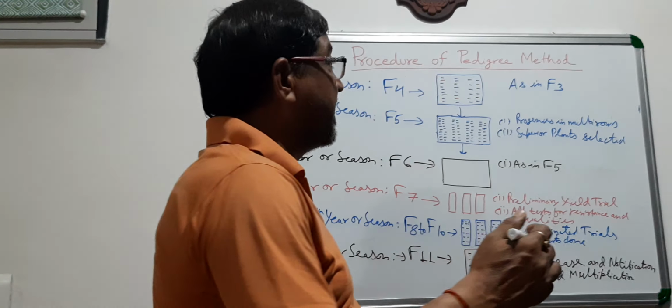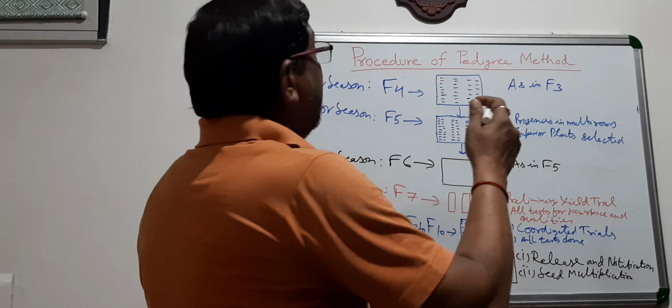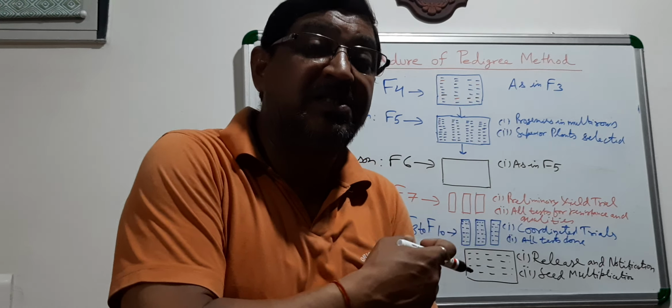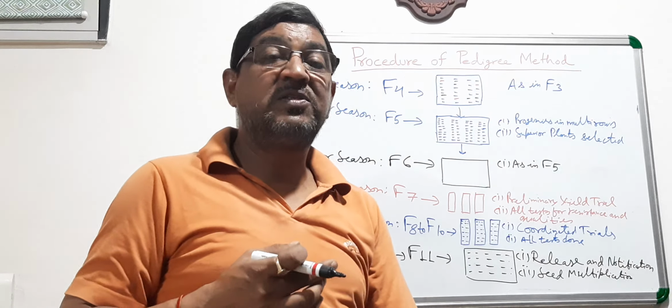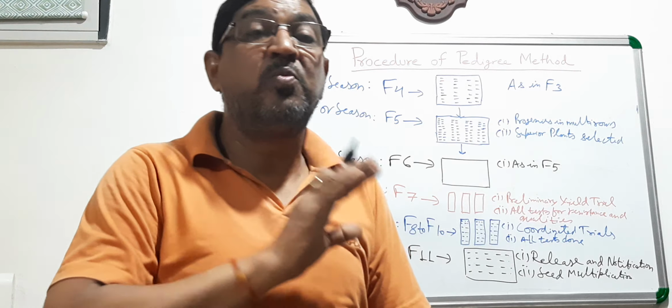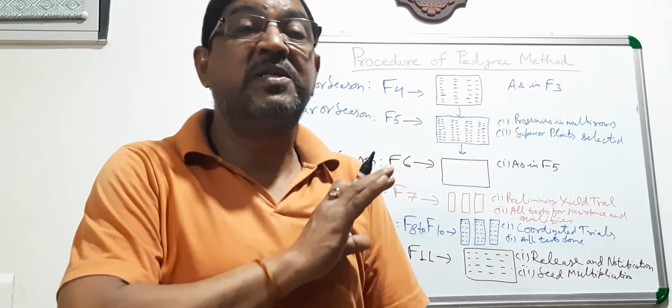We tried to have Basmati type, so it was not up to that mark. Higher yielder, of course, in 2005 when we released this variety, it was the highest yielding aromatic. There was no other variety in India which was that much highest yielder with aroma.